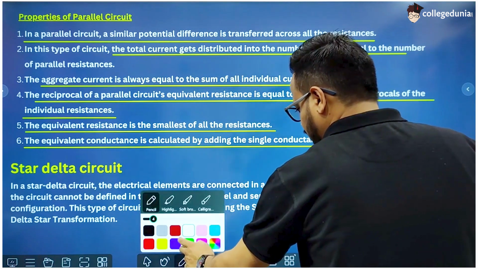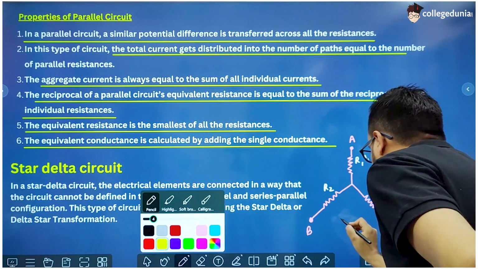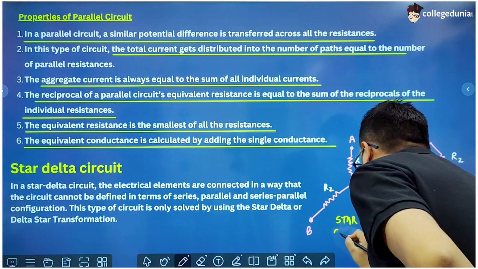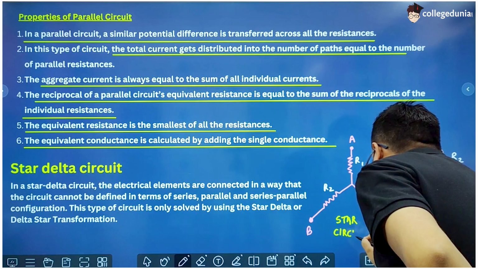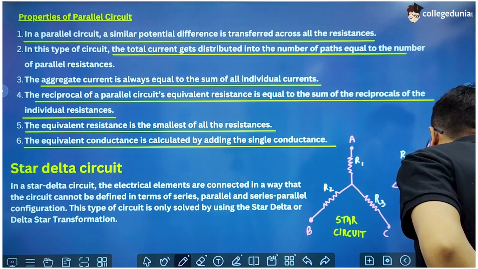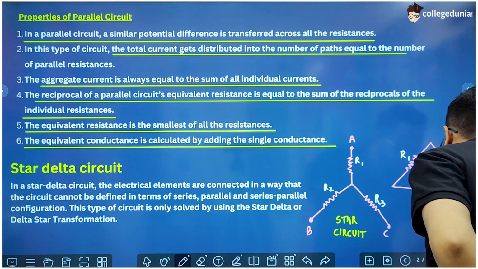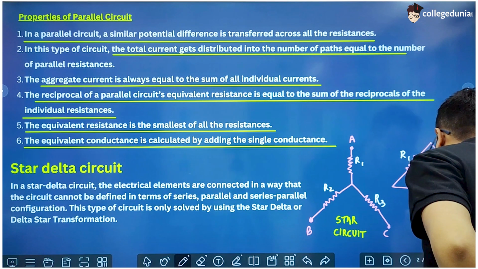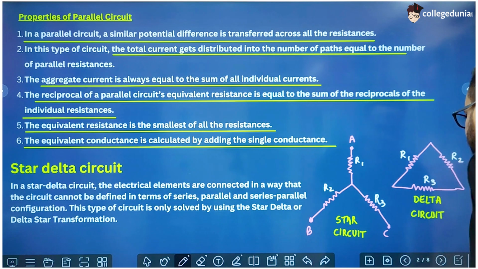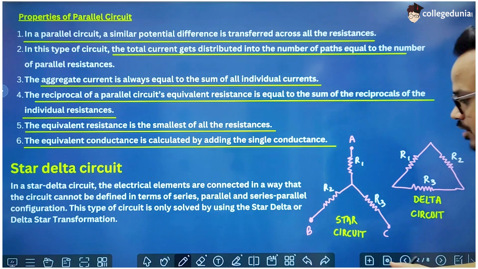So this one is star circuit, and this one is delta circuit. Right? Okay, so we cannot clearly identify whether these three resistors are connected in series or in parallel.